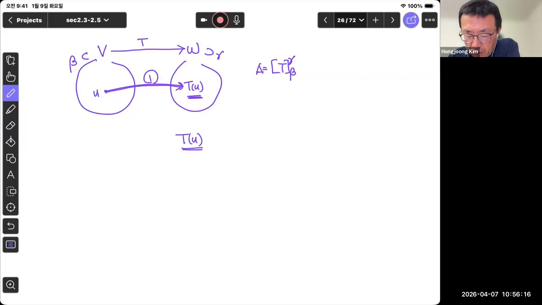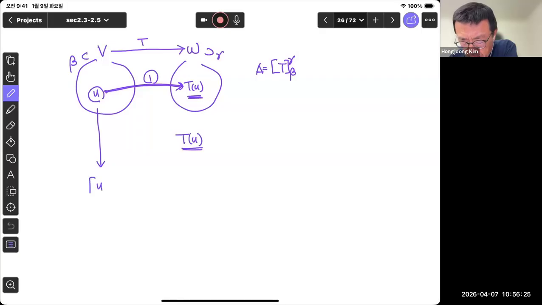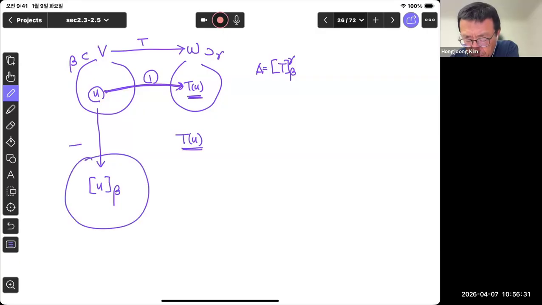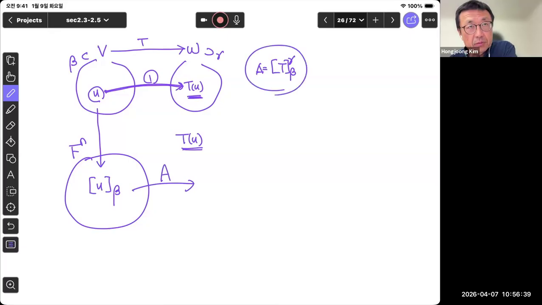Or given this U and beta, you can find this vector. Where is it? In Fn space. And then I can multiply this A matrix. Then you get some vector in Fm space.